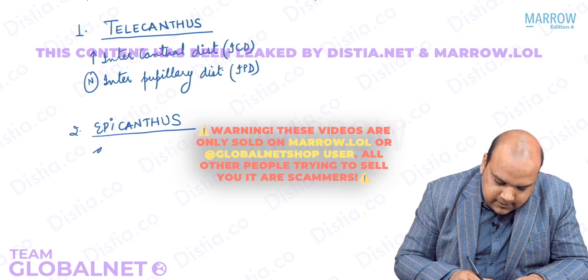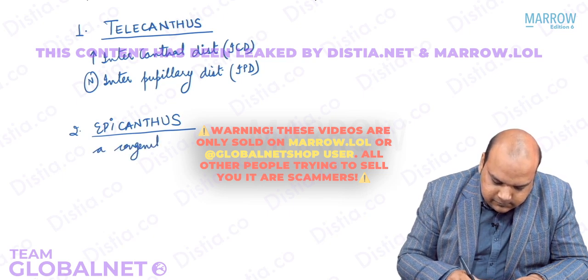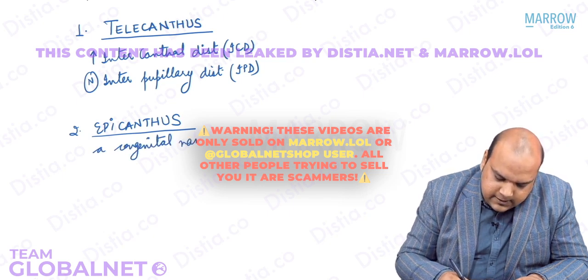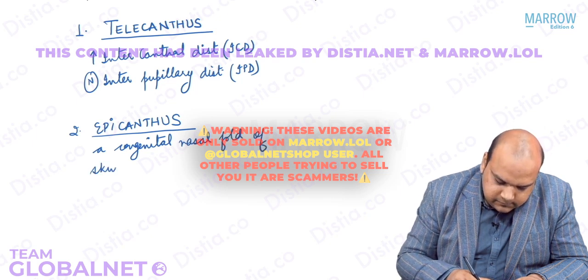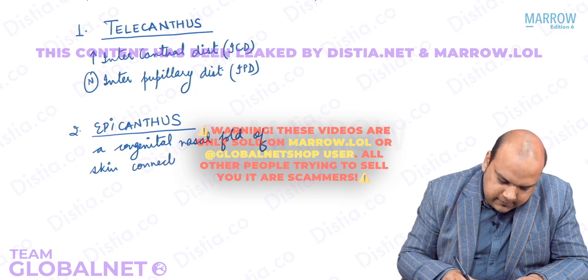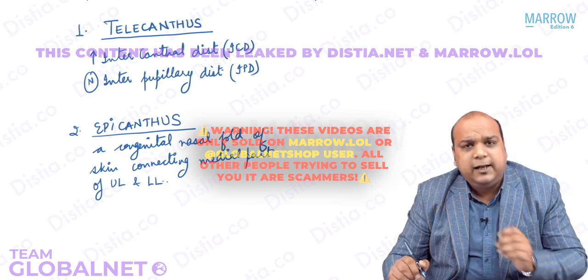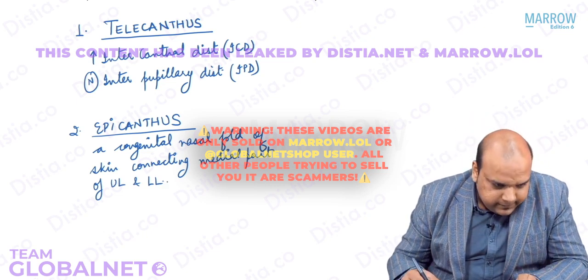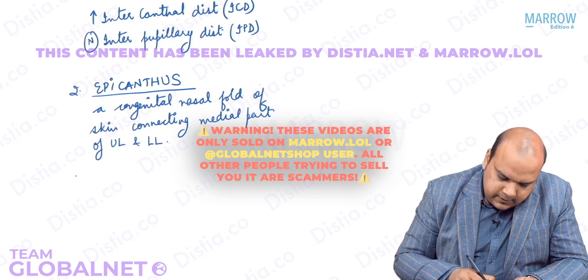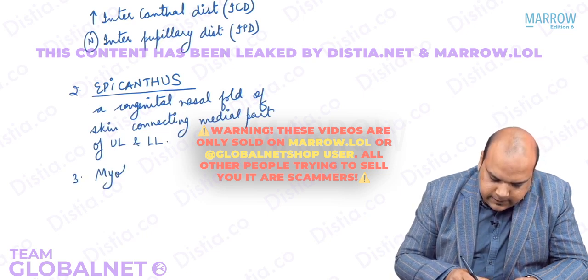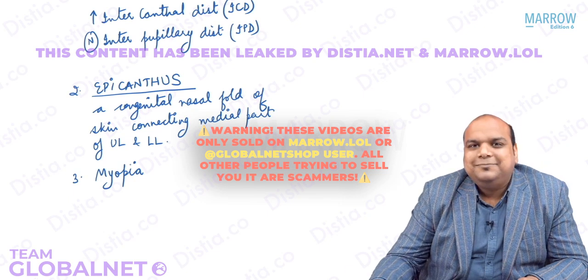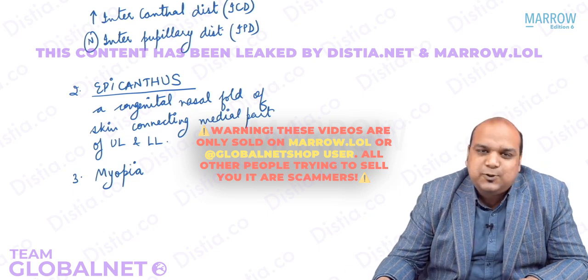Epicanthus, a congenital nasal fold of skin connecting medial part of upper lid and lower lid. Again, I'll show you the photograph and make you understand this. Okay, everybody? Number three, myopia. These are the three causes of pseudo-esotropia.